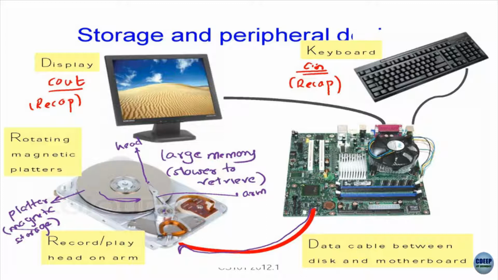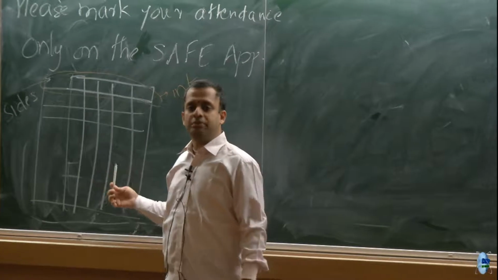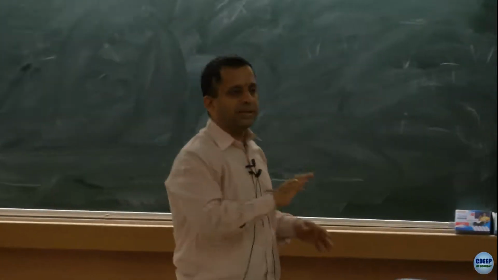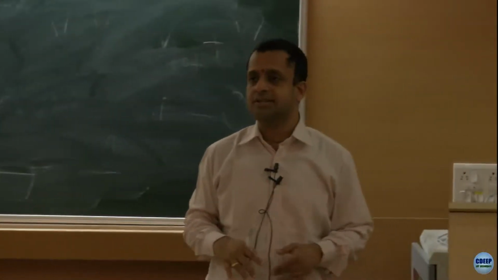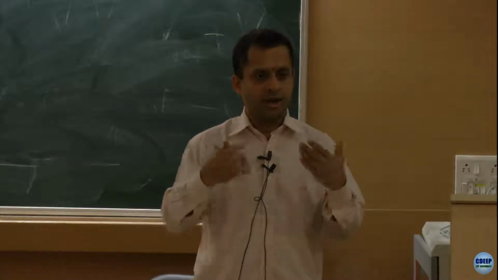Using a combination of the rotation and the arm motion, you can access pretty much any position on the disk. But this requires physical movement, unlike the RAM, where any row can be randomly accessed. The disk is not completely sequential access, but it takes an overhead to access a location.